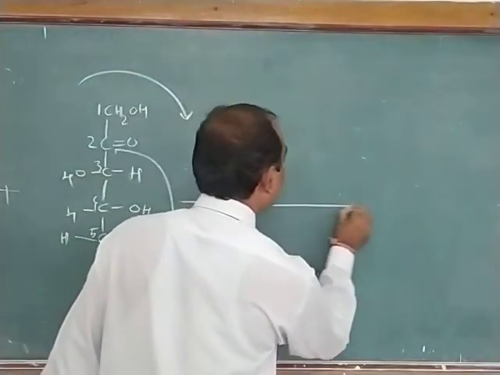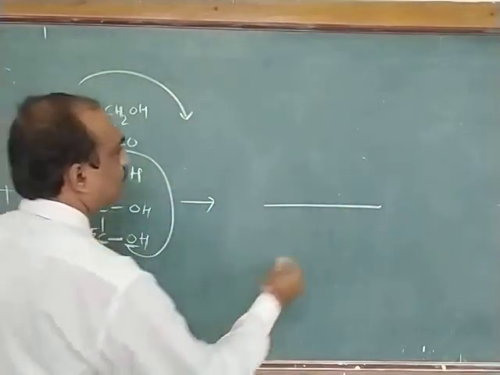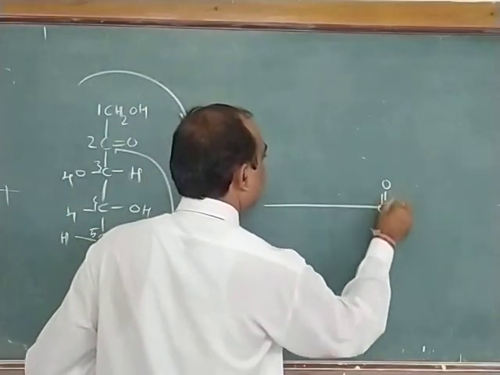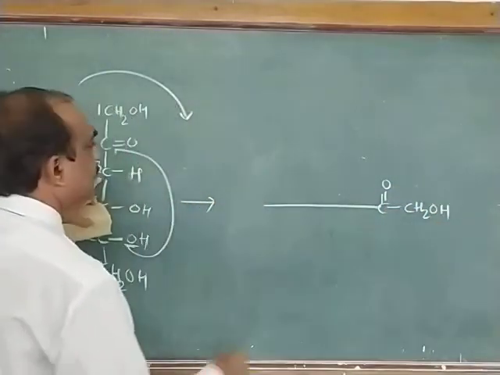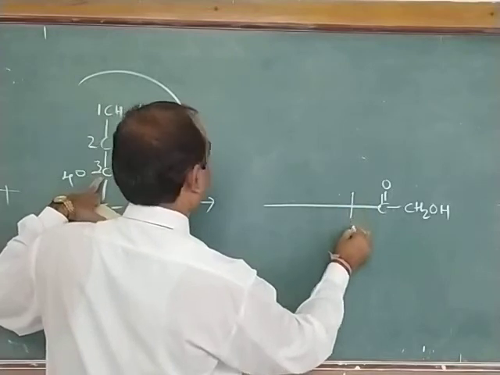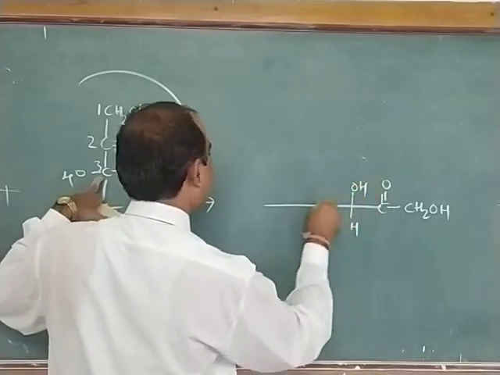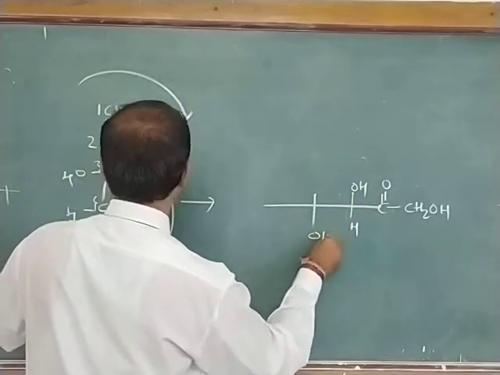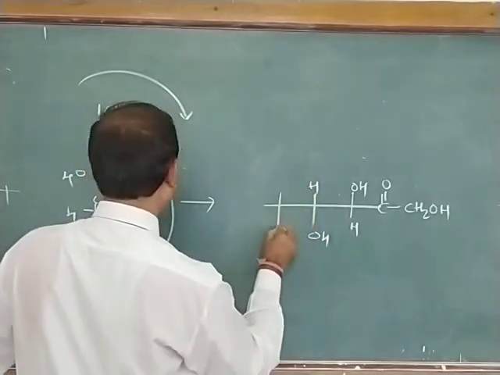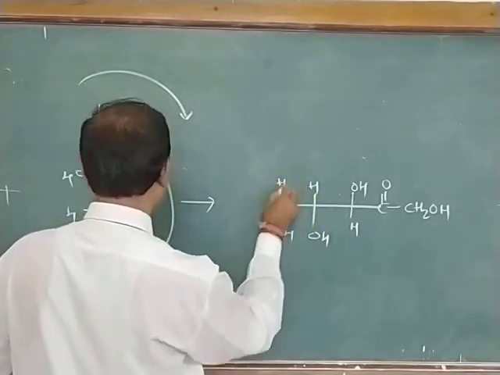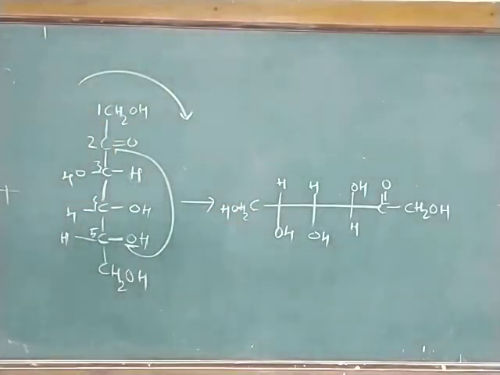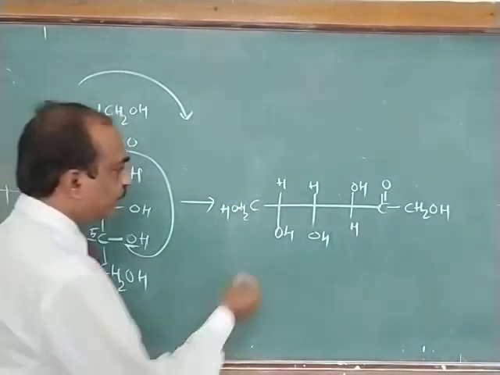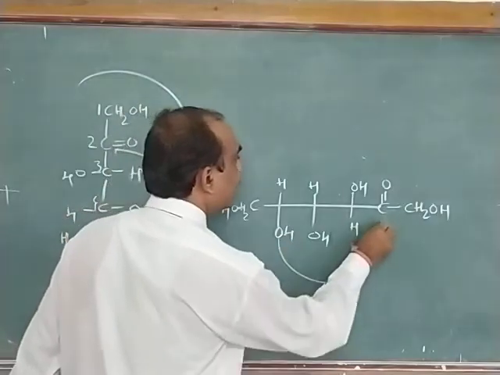Write the structure horizontally. Here, write CO, CH2OH. Then here H, here is the OH, here is the OH, here is the H, again OH, H, and here CH2OH. So this is what you have to cyclize.